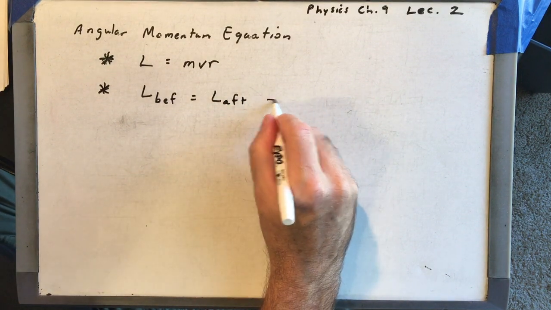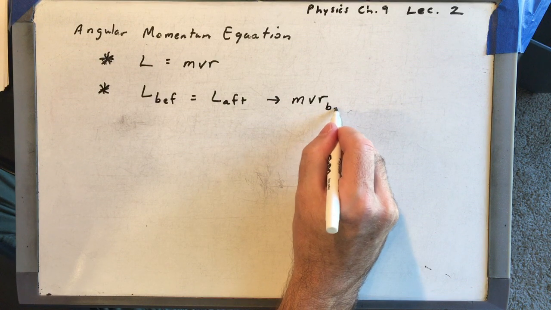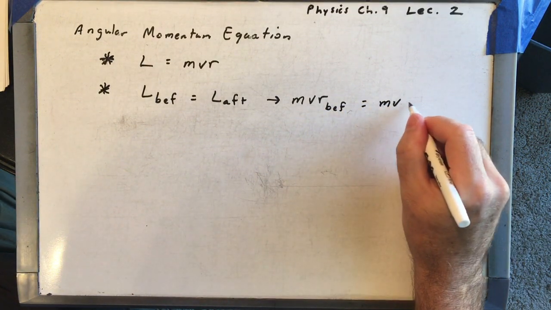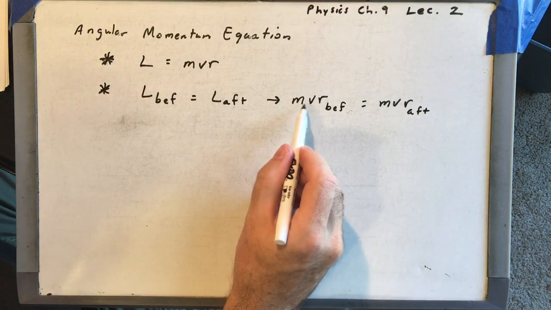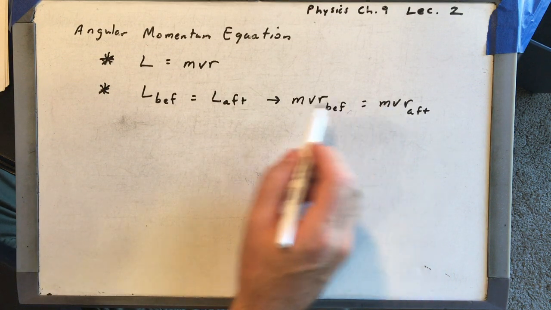So that's going to be mass times velocity times radius before is equal to mass times velocity times radius after. And unless the mass changes, and the mass might change, you could have a second thing added to it.